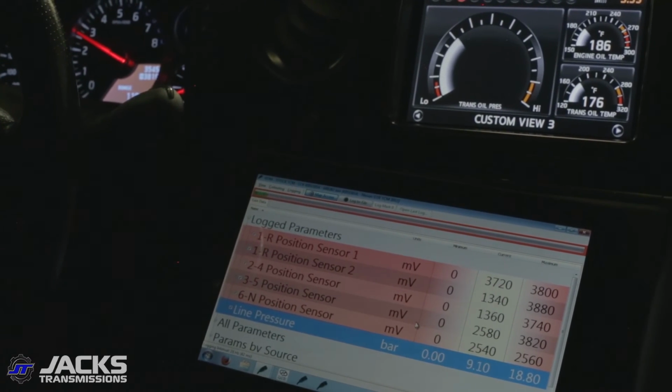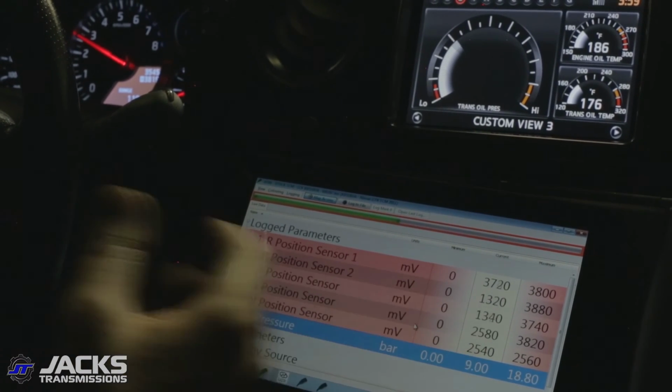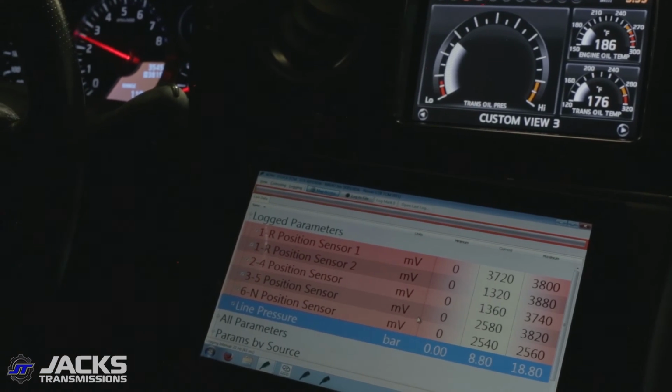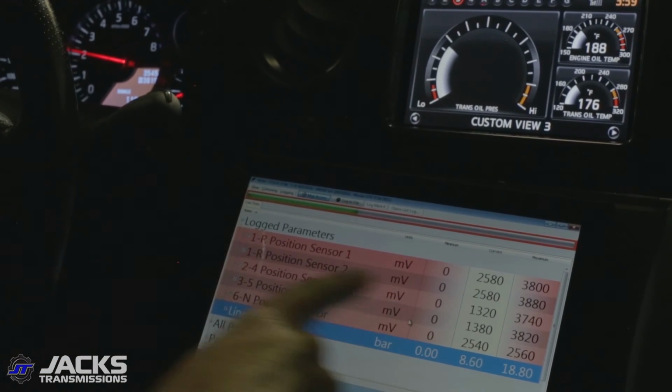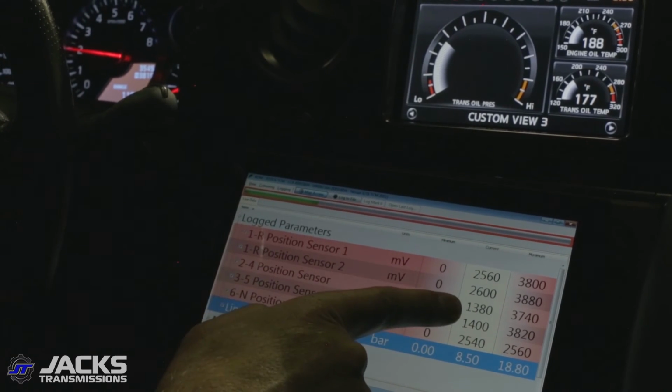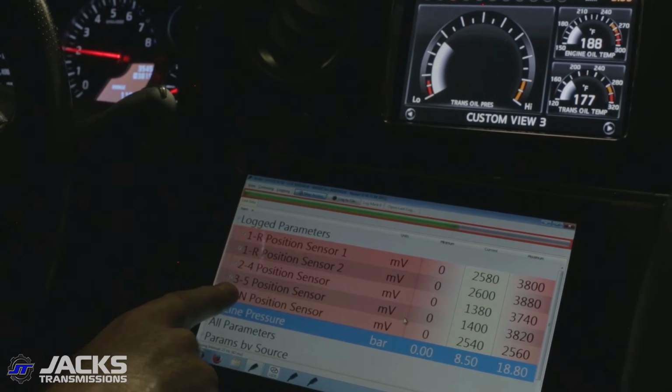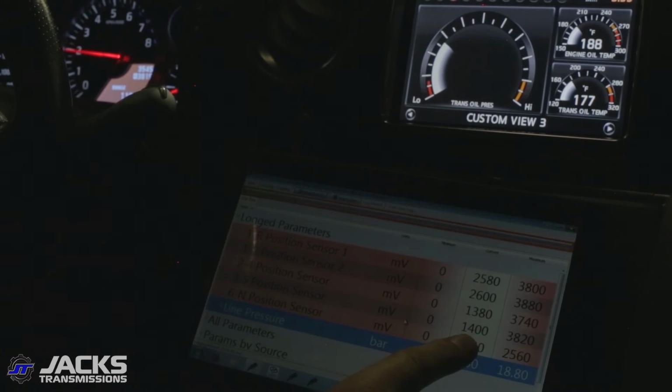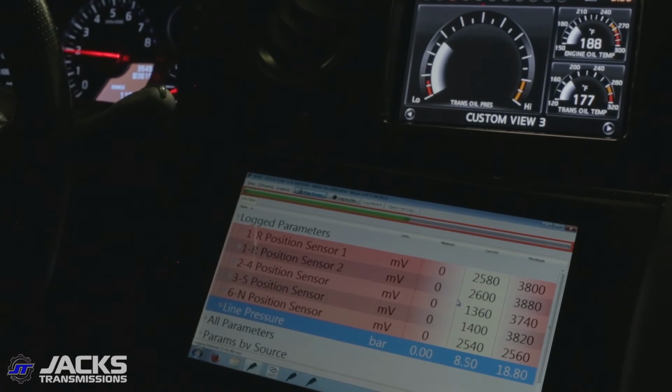So right now we're in first gear, second gear is also pre-selected. We engage second gear. You can see the 1R position sensors are now back in the neutral position. Second gear is still engaged, but now a pre-selected third gear. Third gear, we're now down to 1.3 volts.